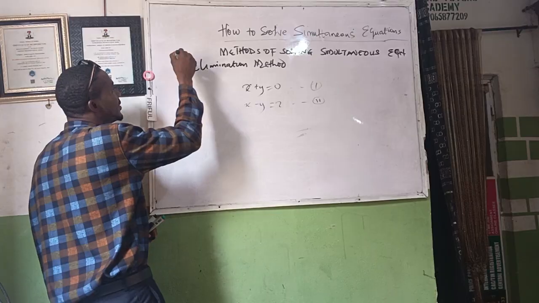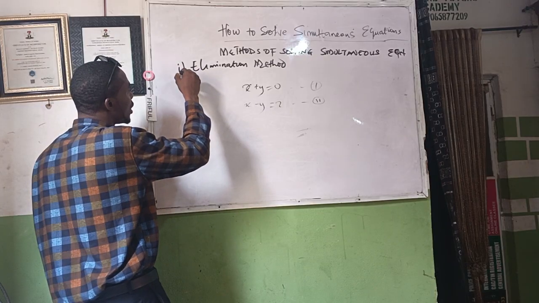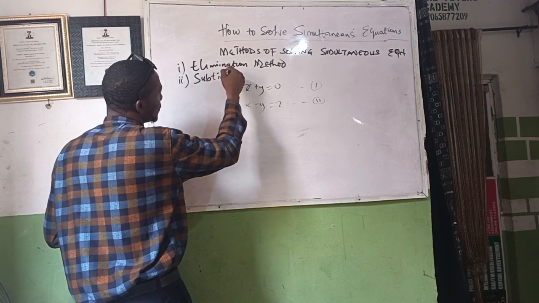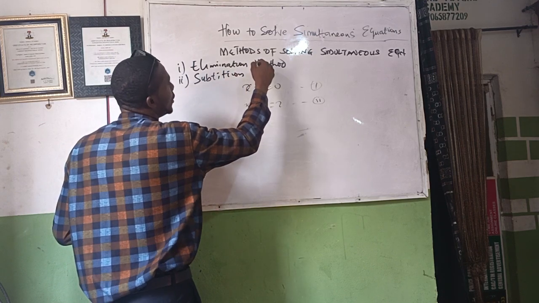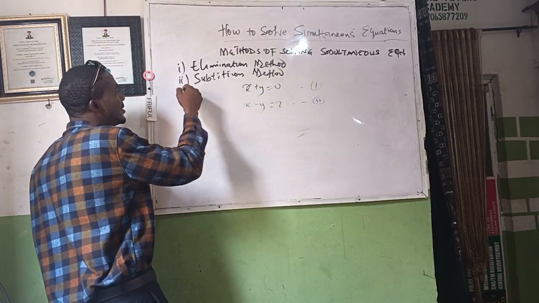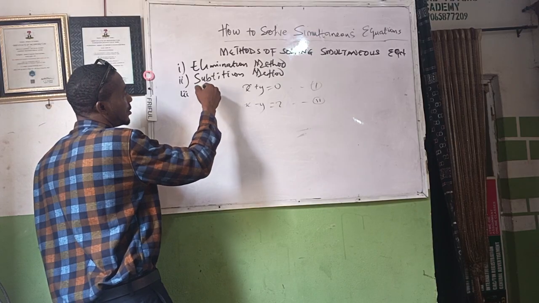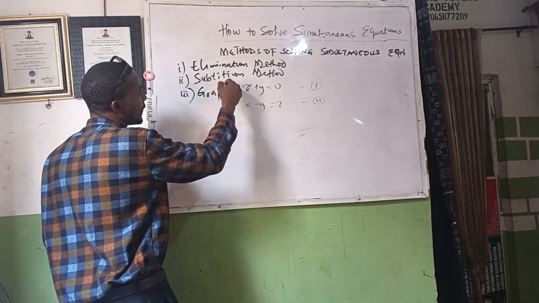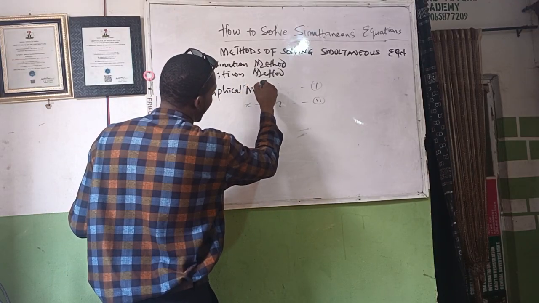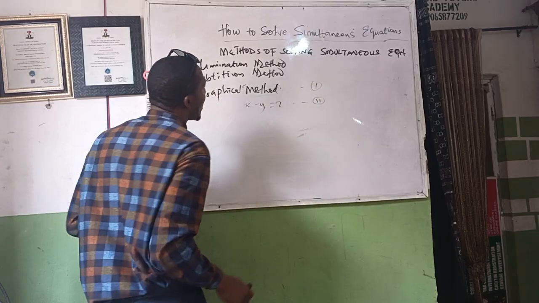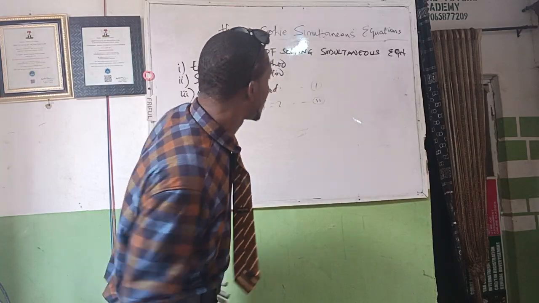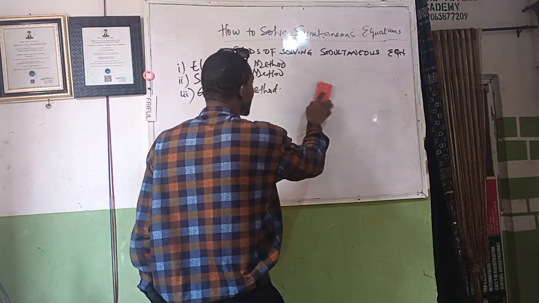As I have said, we have elimination method, we have substitution method, and lastly we have graphical method. So these are basically 3 methods of solving simultaneous equation.